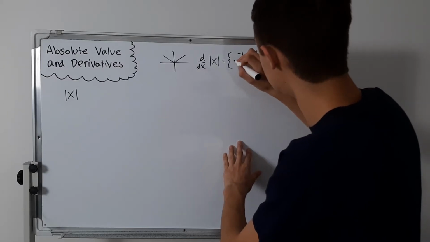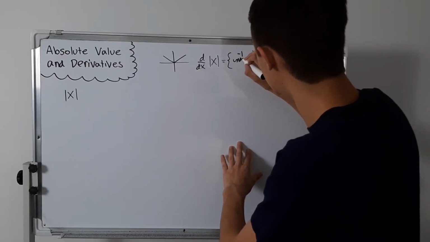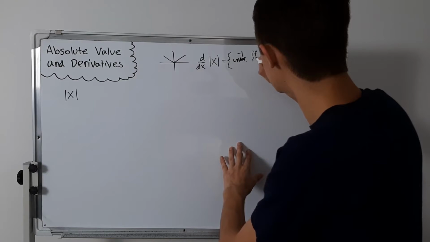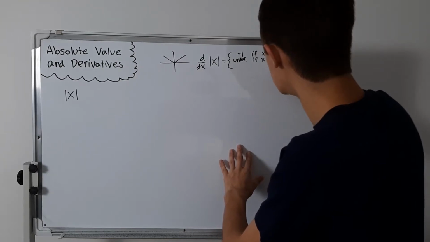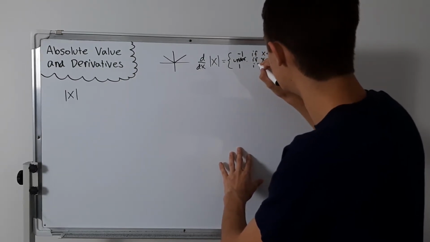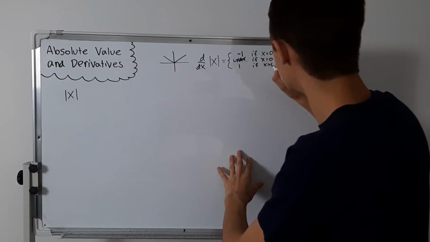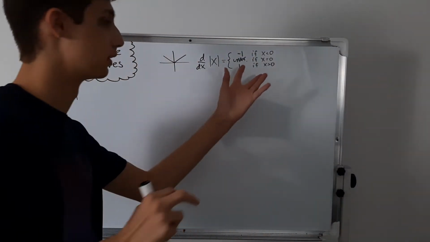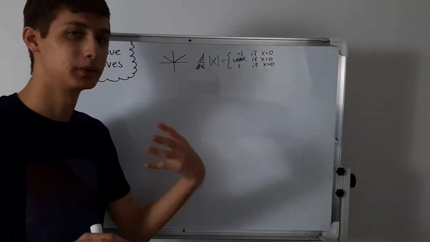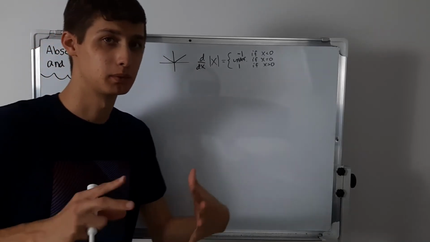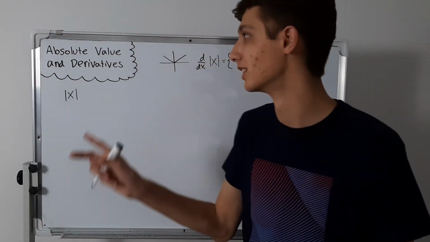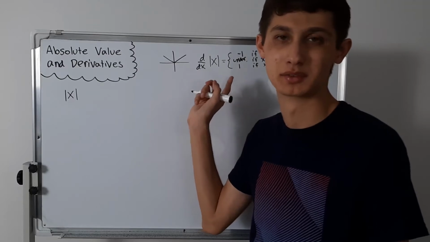It's undefined if x is equal to 0, but it's 1 if x is greater than 0. So this is our definition, but we don't really want a whole piecewise definition, we want a function, right? Because you don't really see derivatives as piecewise functions.